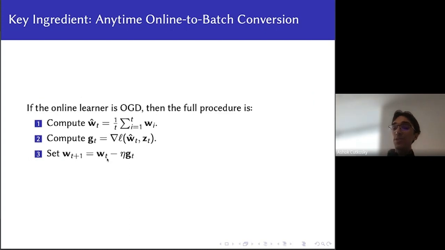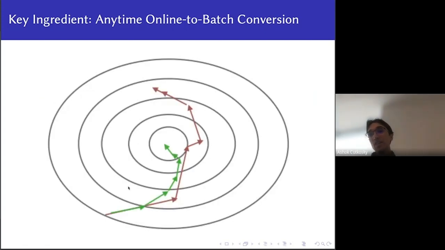Now, if I didn't tell you that this thing has a good convergence bound, you might think it was obviously a bad idea. Because we can draw a picture like this. Here, the red iterates are the iterates of our online gradient descent, and the green iterates are the running averages. The red iterates start out going the right way, but now you can see they're overshooting the optimum and going up and off to the top for no reason.